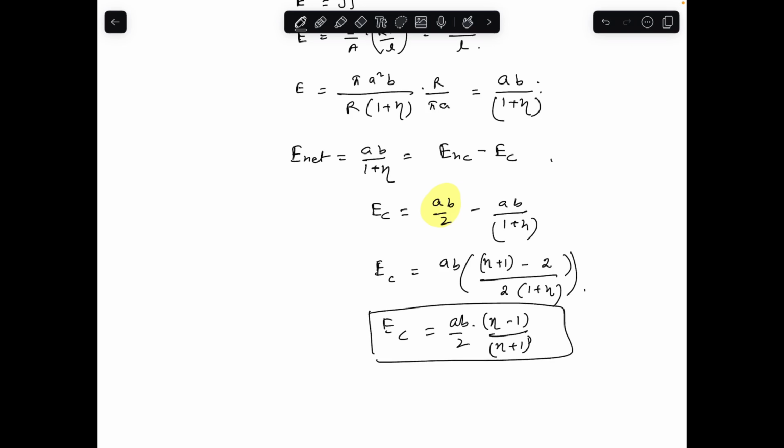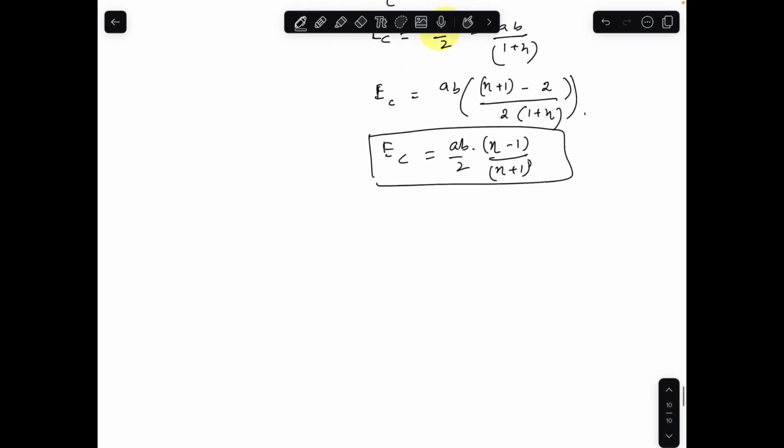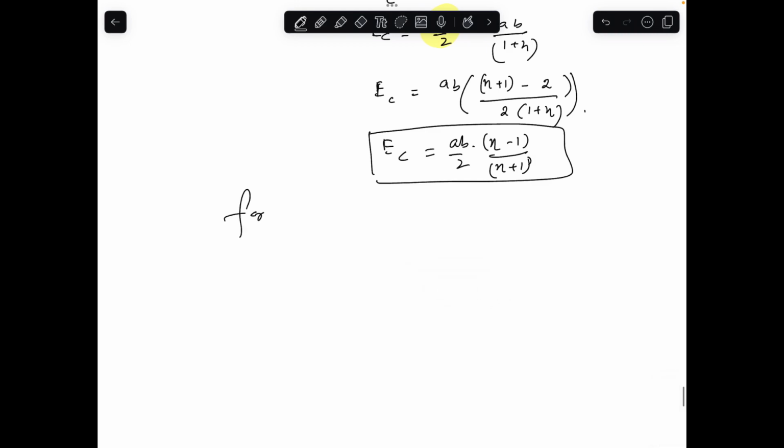So this is the conservative field. Now you can find this for the lower segment of the ring also. You'll get the same result.